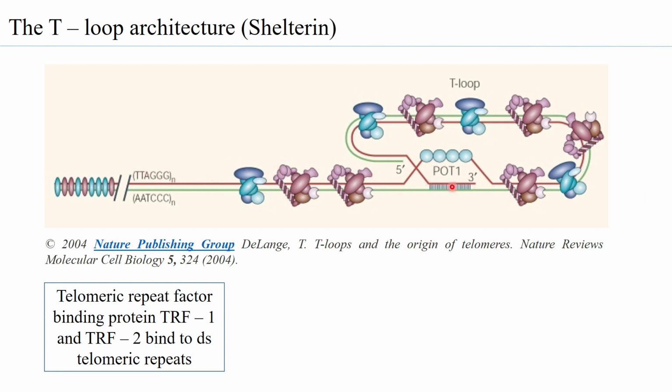So the 3' end will also have the TTAGGG, and therefore the 3' overhang is able to invade the telomeric sequences itself to form hydrogen bonding with ATCCC and displace the existing strand.